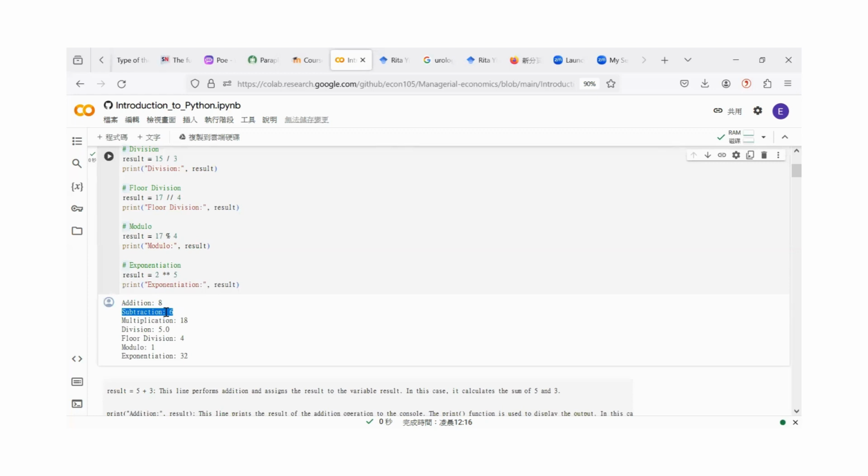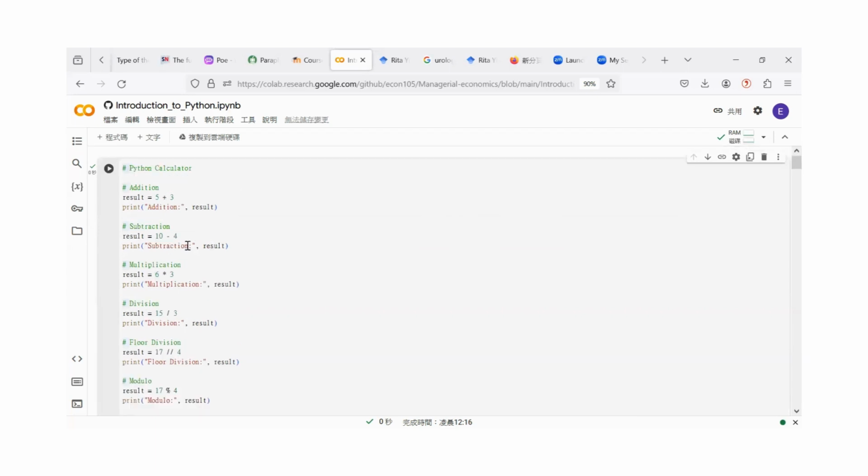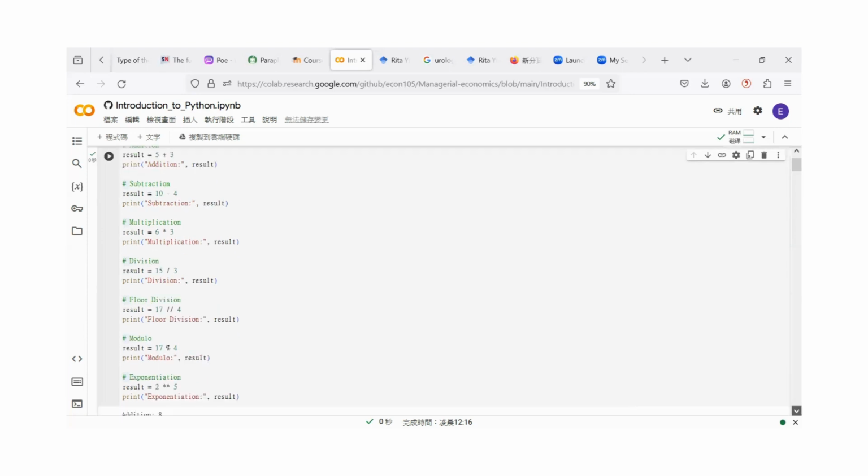Because you have got the print, open quotation marks and then close quotation marks, so that you will see the words here, and then plus the result that is calculated by using the equation. It is just like substituting the 10 minus 4 into the result so that you have got the 6 here. So in computer science, in a lot of circumstances, it is a kind of mathematical thinking where we try to have something like substitution.